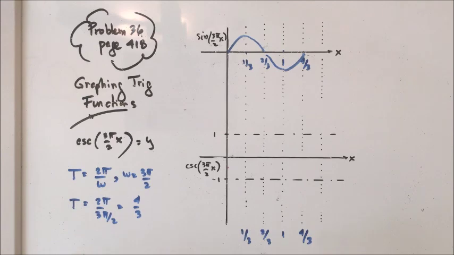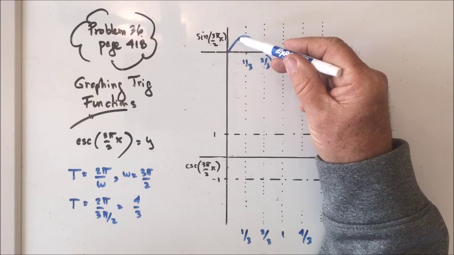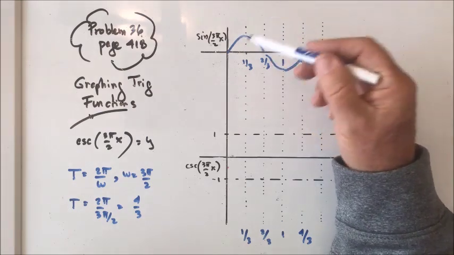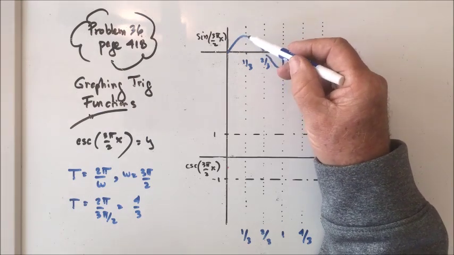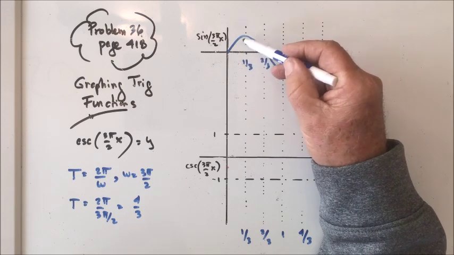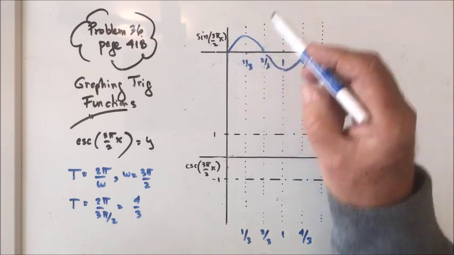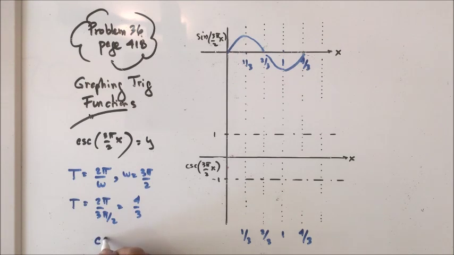So what does cosecant do? Cosecant is the reciprocal of this function. So let's see what this function is doing. As it's going from the end of its first quarter cycle at 1/3 back to 0, it's getting uncomfortably close to 0. Remember that this thing we're trying to graph, cosecant of 3 pi over 2 times x, is the reciprocal of the sine of 3 pi over 2 x.